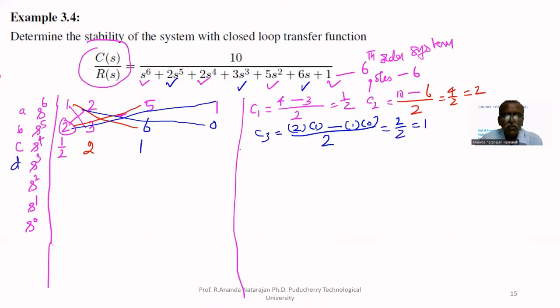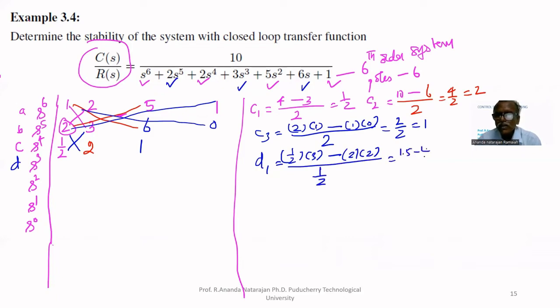What is the fourth row? D1 equal to (1 by 2 multiplied by 3 minus 2 by 2) divided by 1 by 2. That is equal to (1.5 minus 4) divided by 1 by 2.